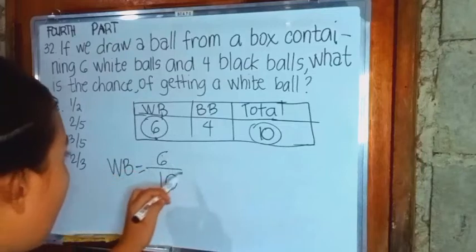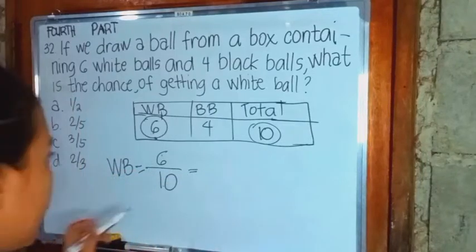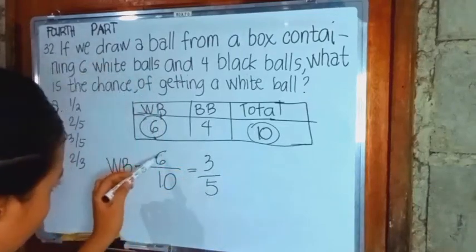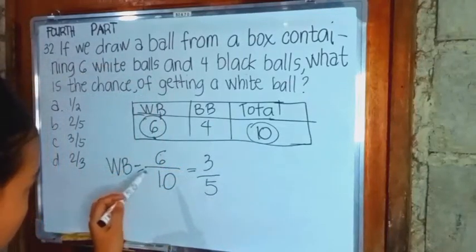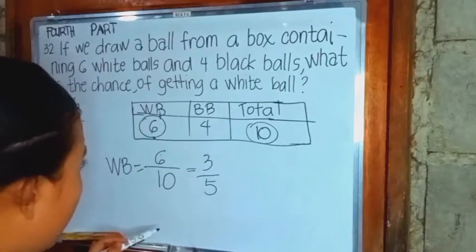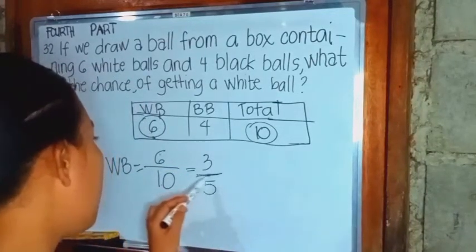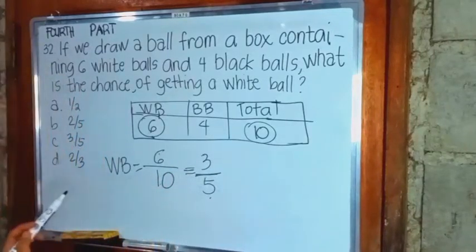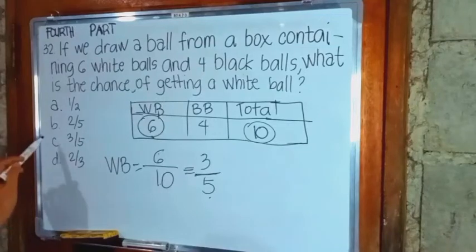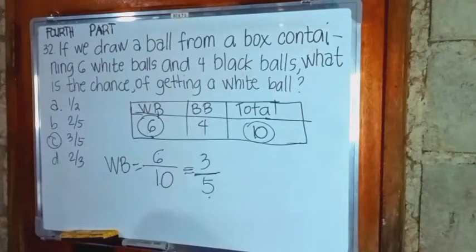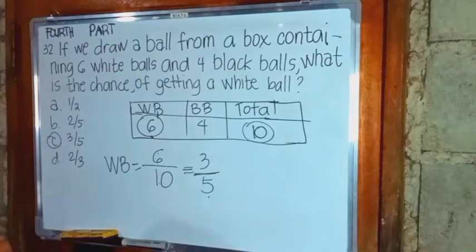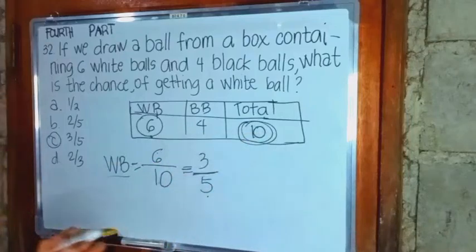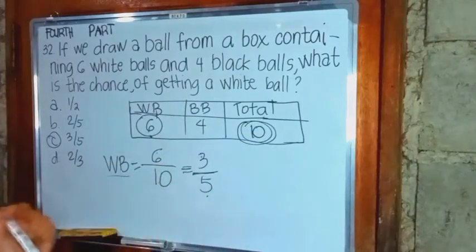So 6 over 10 is equal to 3/5. We divide the numerator and the denominator by 2 over 2, and the quotient is 3 over 5. In the choices, 3 over 5 is letter C. Therefore, the probability of getting a white ball out of 10 balls is 3/5.